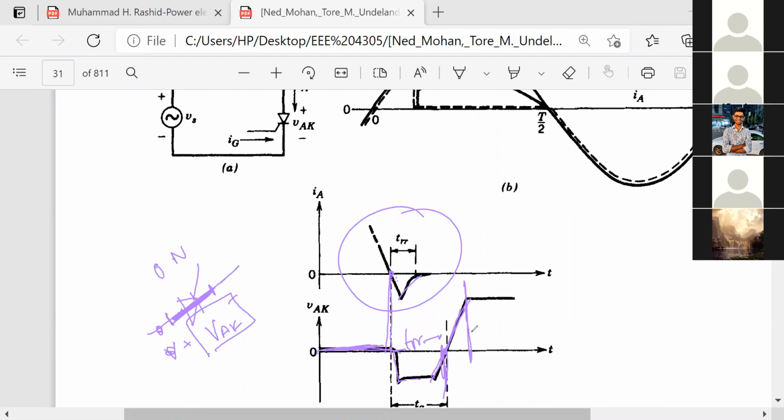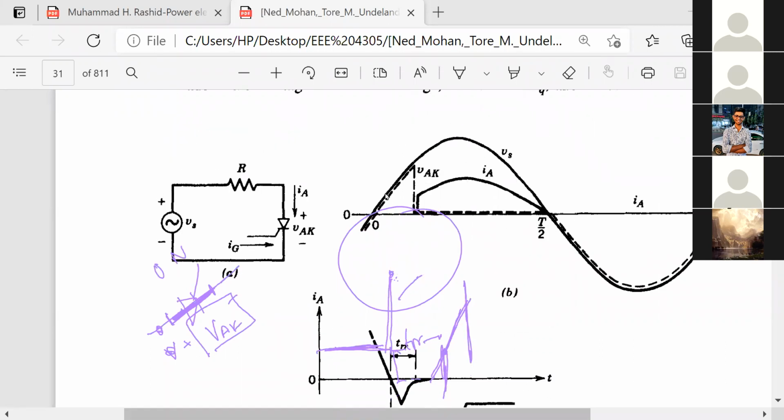Okay, probably you did not understand what I said. Okay, so suppose this diode is open, right? This one is open. And let me draw it.